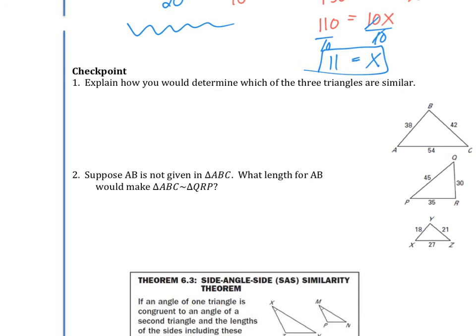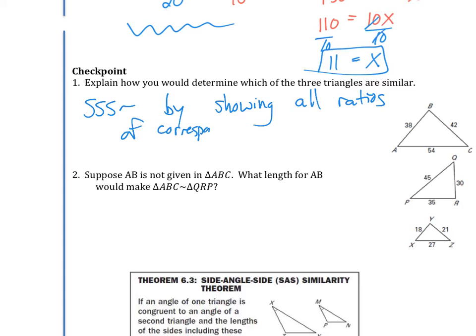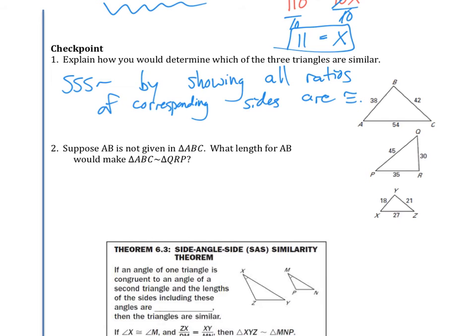All right, so we've got some checkpoints. Explain how you would determine which of the 3 triangles are similar. How we determine this is we would do side, side, side similarity by showing all ratios of corresponding sides are congruent, or equal.